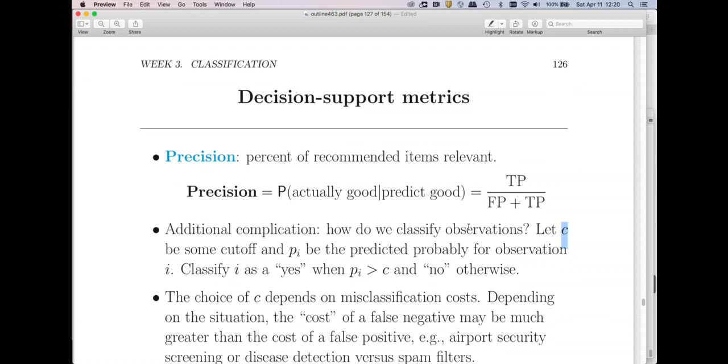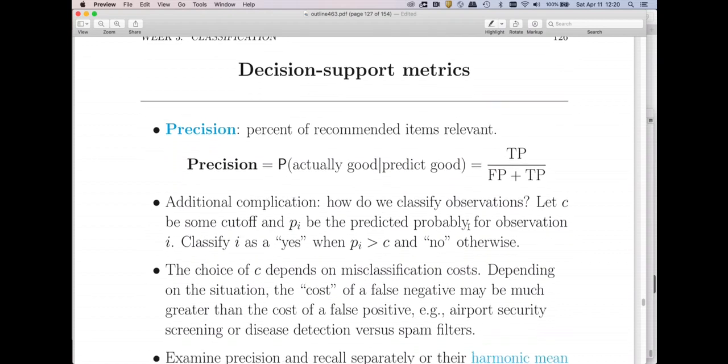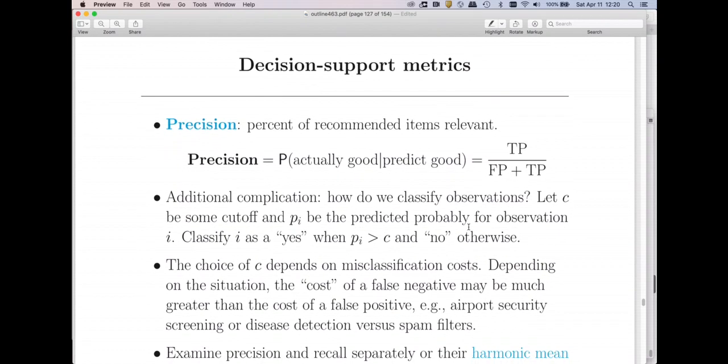All right, now this raises yet another complication, which is how do we pick C? What I'd like to argue with you is that this should depend on the misclassification cost. So what is the cost of a false negative versus the cost of a false positive?